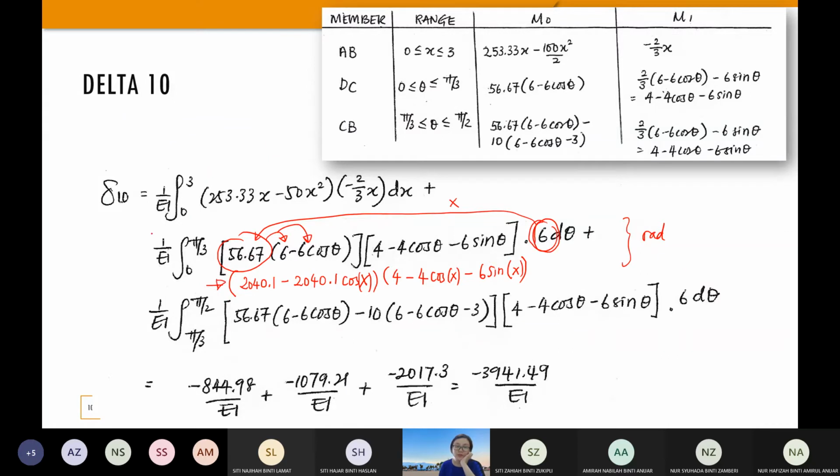Can you help me find this using your calculator, whether you can get this value? Be careful with this bracket. In my calculator, when I would like to insert θ, I press alpha x. I will give you about 3 minutes to try whether you can solve this using your calculator.